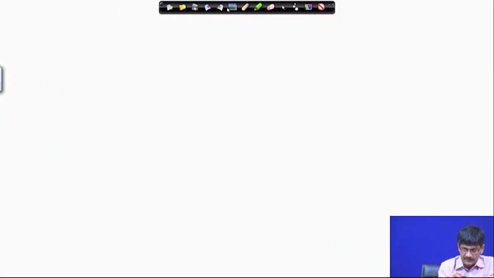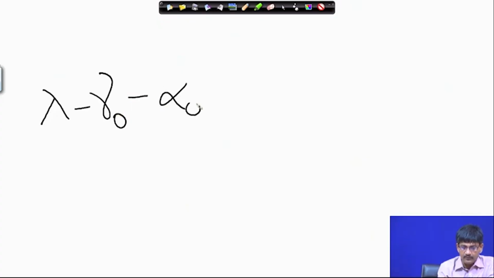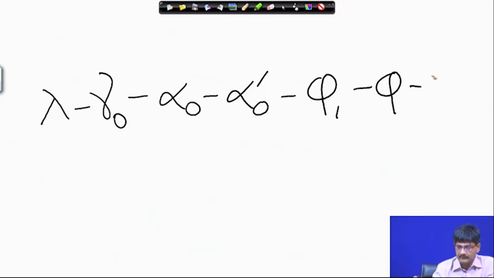We can define it this way: lambda, gamma O, alpha O dash, phi 1, phi r. You might say, isn't the same problem that you mentioned about ASA system going to occur here as well?